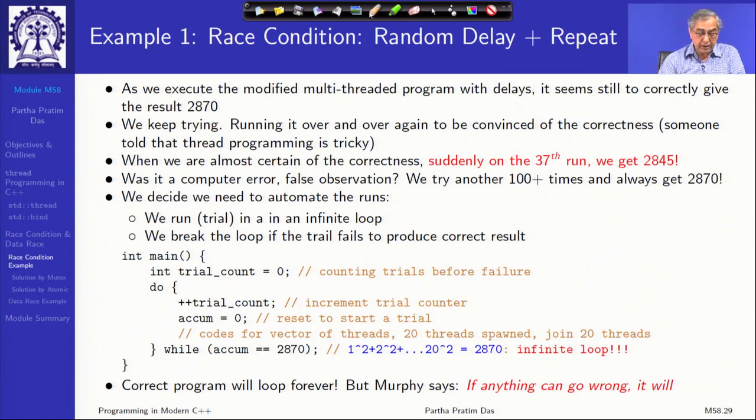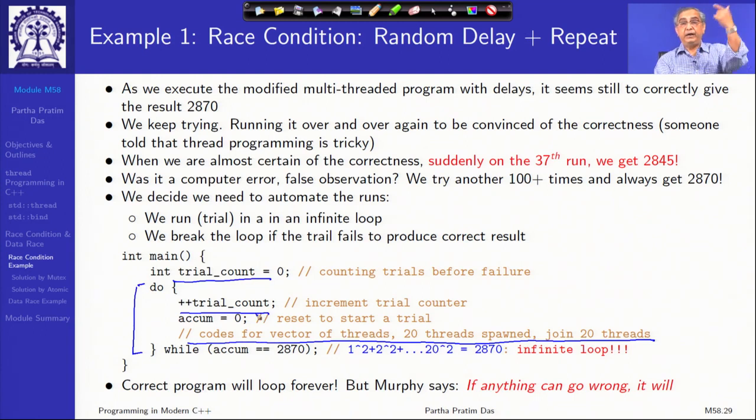I will put this whole stuff of creating the vector of threads, spawning the 20 threads and joining them within a scope, so that they are all localized, and put that in a do while loop. I have a trial count variable; every time it goes through this loop, this whole run has happened once and the trial count is incremented.